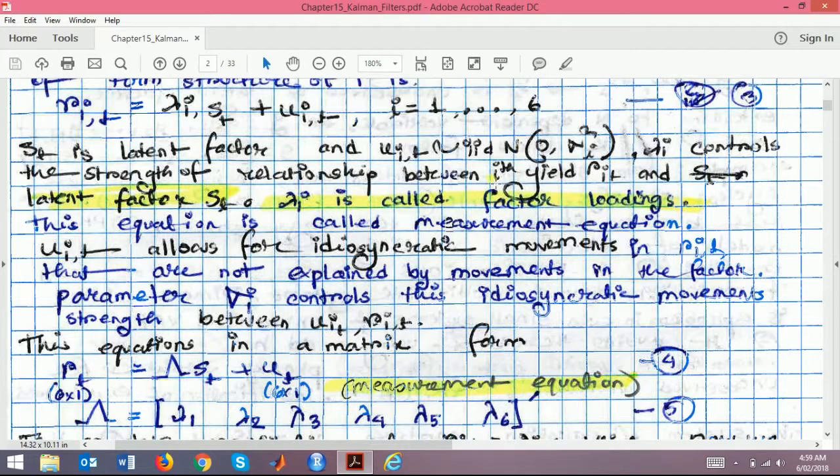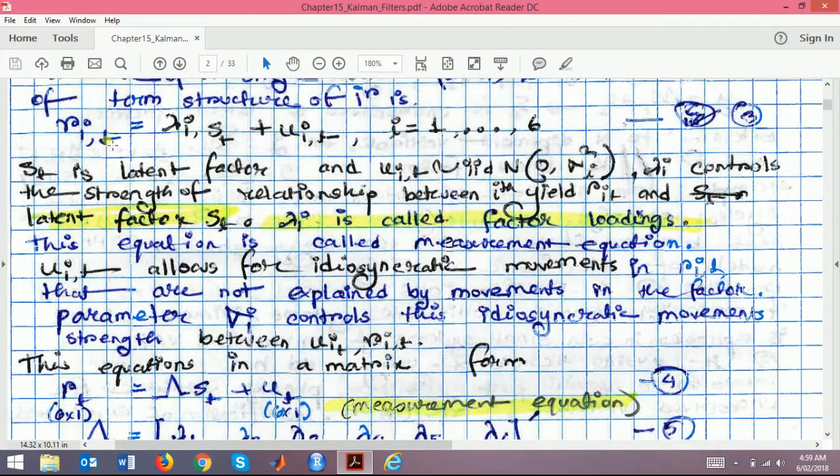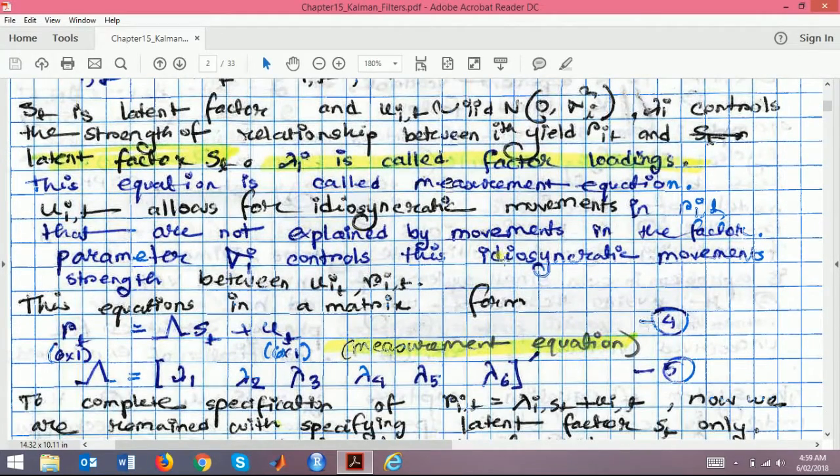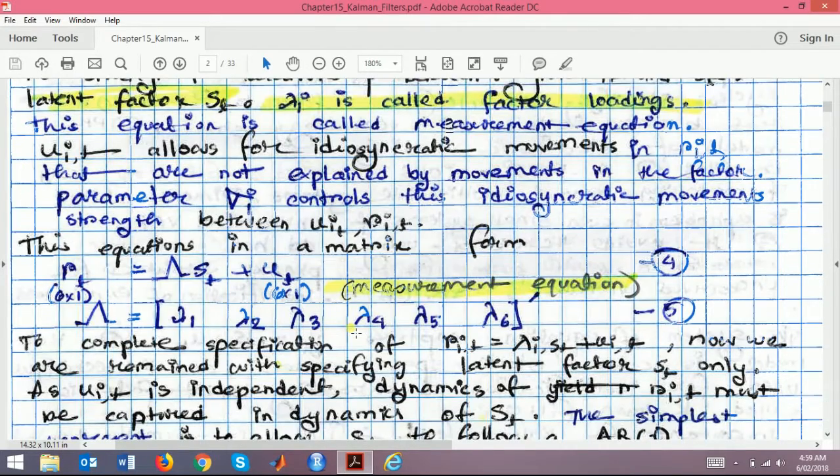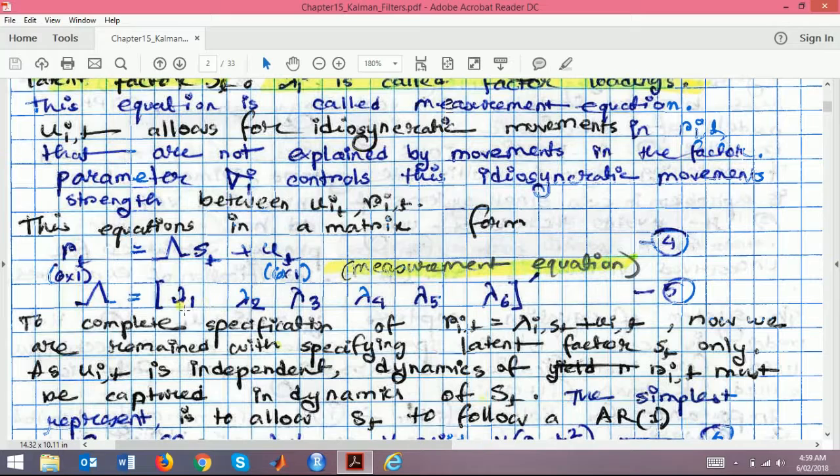Now, in matrix form, we can simply write this equation as r_t = capital Lambda s_t + u_t, which is a measurement equation, and the capital Lambda encapsulates lambda_1, lambda_2, lambda_3 up until lambda_6.